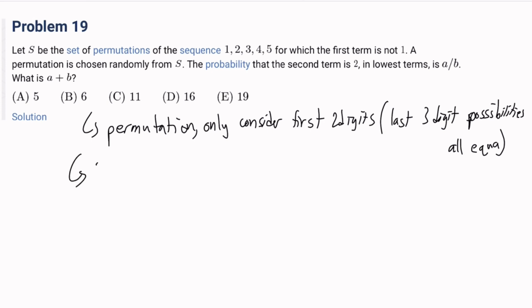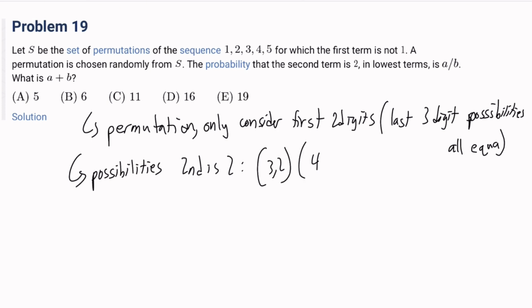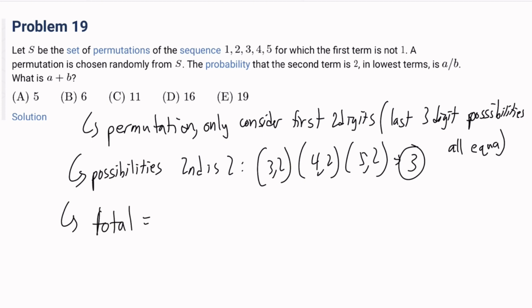And so for the probability that the second is 2, the possibilities are: first can be 3 and second 2, or first 4 and second 2, or first 5 and second 2. So we have 3. And for the total possibilities, this is going to be 4 times 4, which is 16.